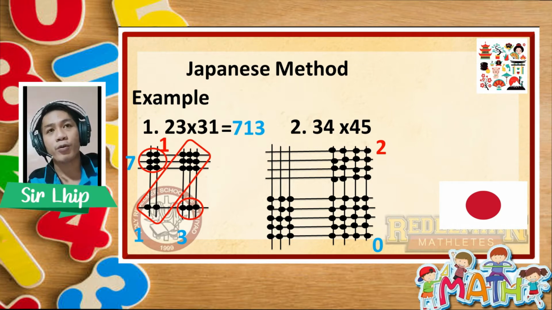So, we have 31 small circles. Plus 2 equals 33. Then, carry.